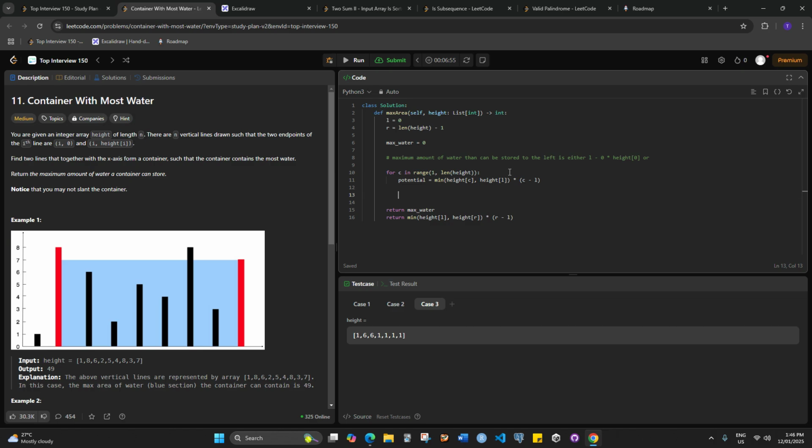And then now we have to ask ourselves, the furthest to the left, it always has to be... if you're on any current index, the maximum amount of water that you can store to the left of you, at least, you're always limited by how high you actually are.